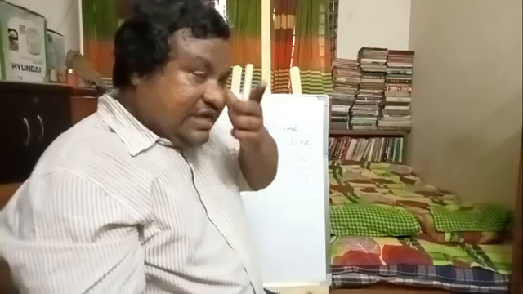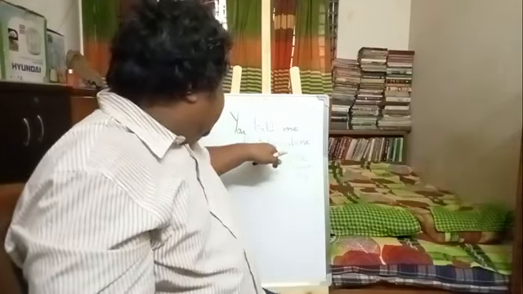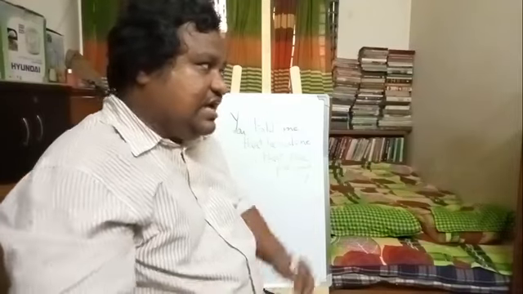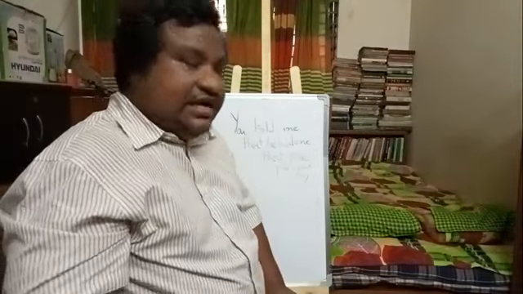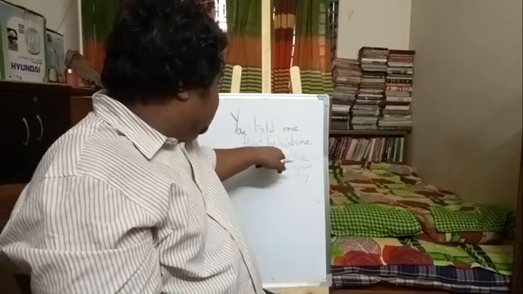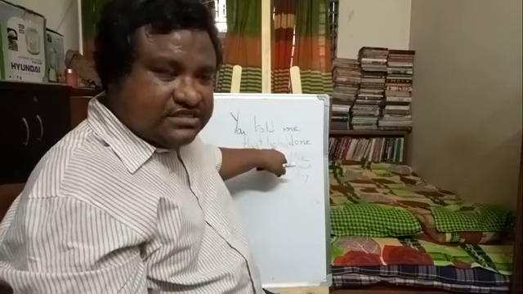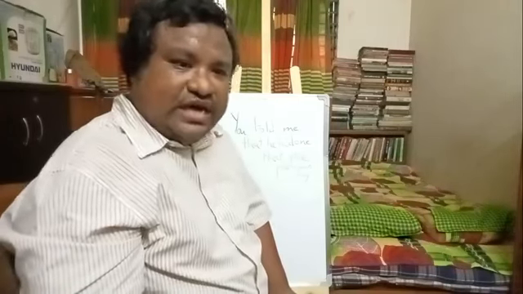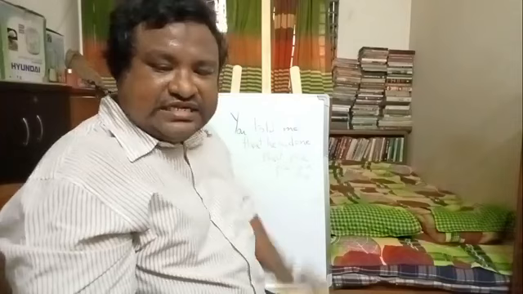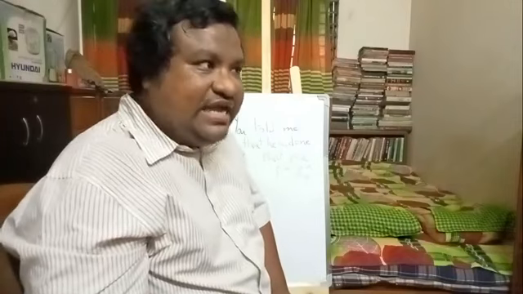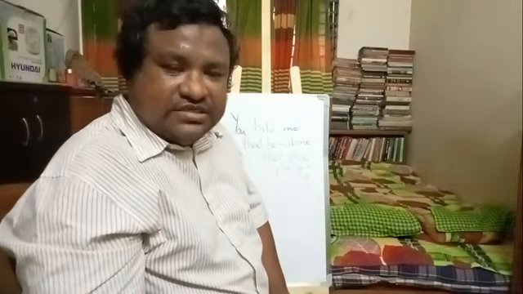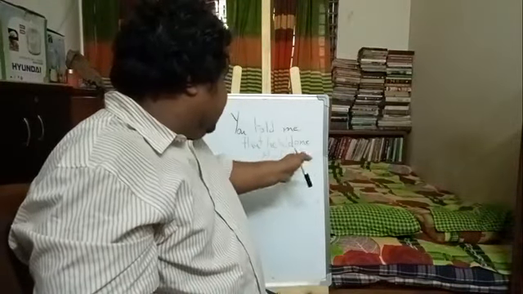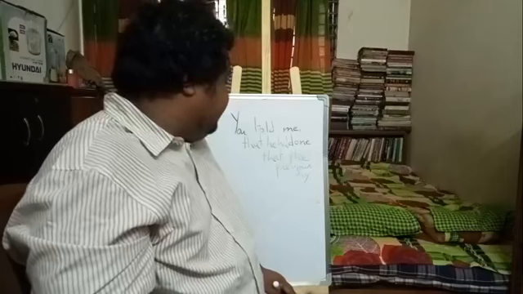But if it is he and the speaker is you, that is second person, then of course it will remain in the third person. We can remember that in the direct speech also it was in the third person, and in the indirect speech also it will remain in the third person. So you told me that he had done that the previous day.